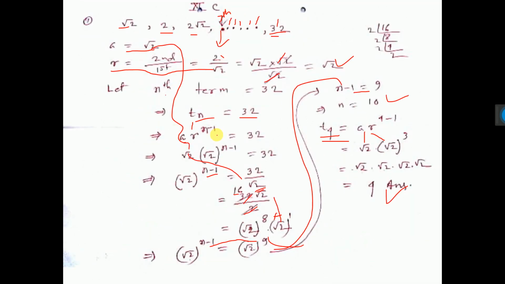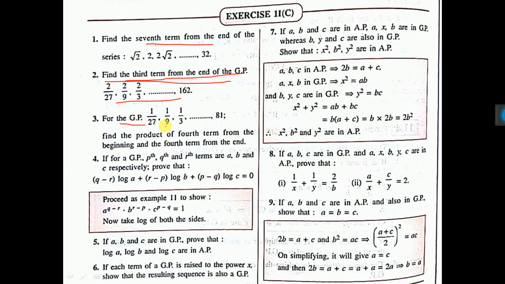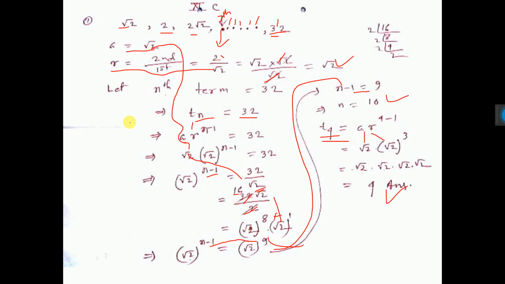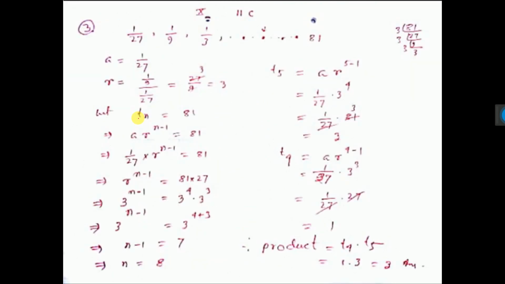Sum number 3 also, from the GP, find the product of the fourth term from the beginning and the fourth term from the end. Fourth term from the beginning, that is T4, and the fourth term from the end is the term we have to calculate.